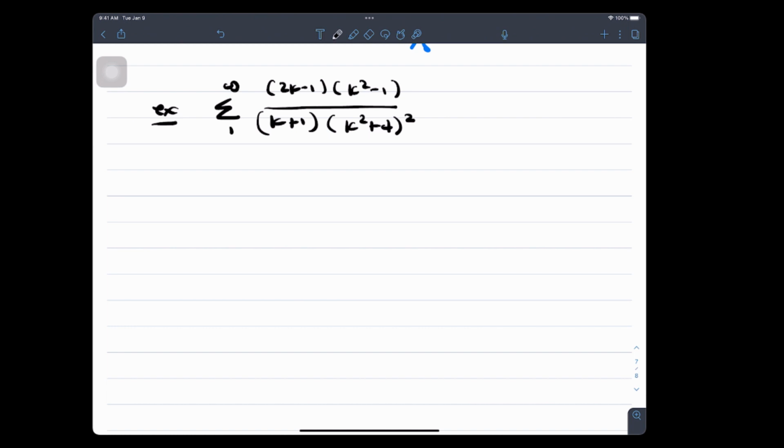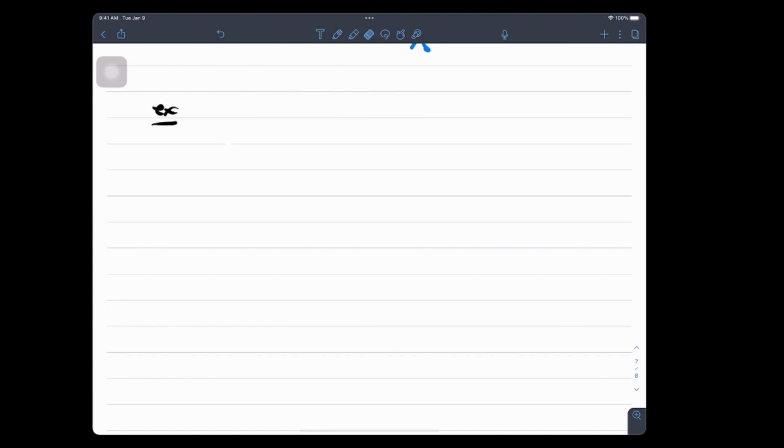Let me see. I think I have a typo on this one here. Don't worry about that one. We're going to say this. We got the square root of n over n minus 1.